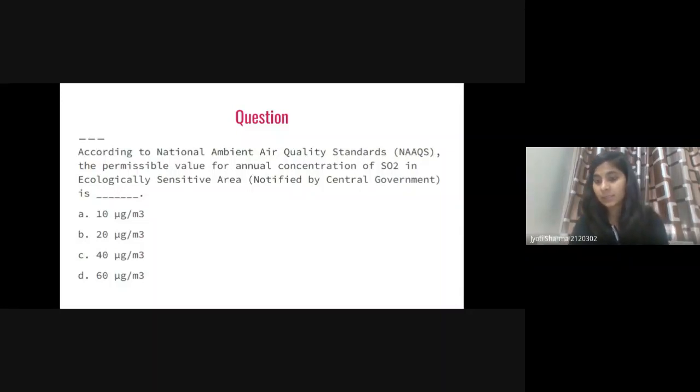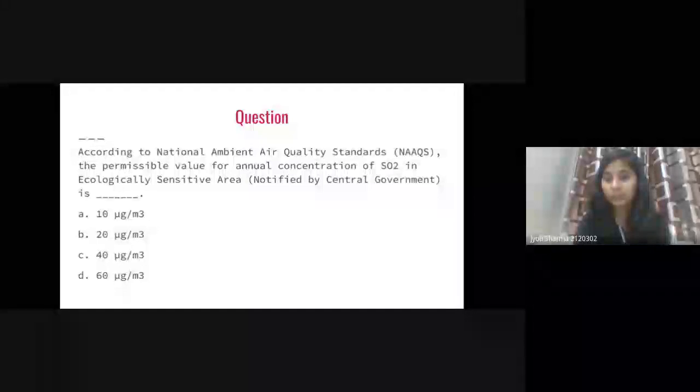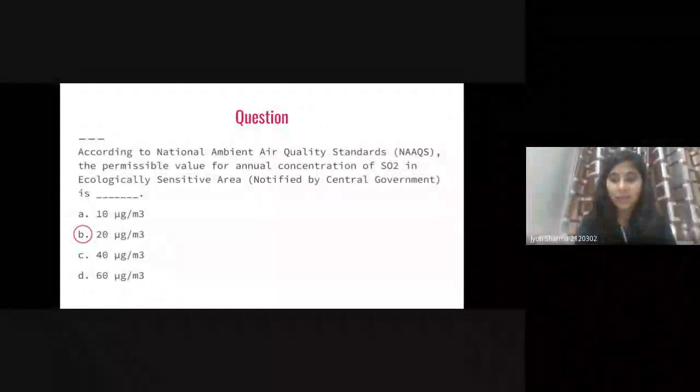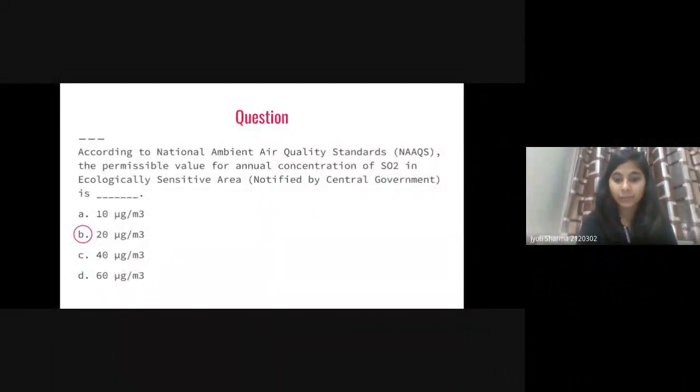Yes, Alka. Okay, Alka gave me B answer. Okay, so the answer is B. So the permissible value for sulfur dioxide annually and in ecological sensitive area is 20 microgram per meter cube.